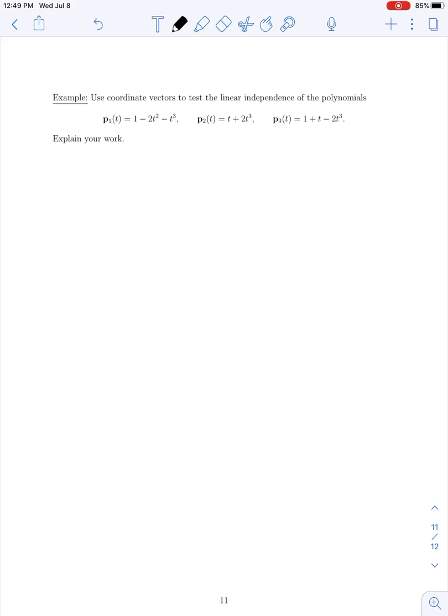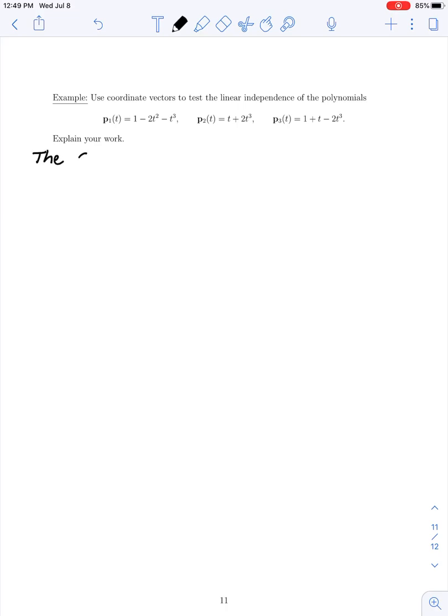So let us think about finding coordinate vectors for each of these 3 polynomials using probably the standard basis for this set of third degree polynomials, and then see whether those associated vectors in Rn are linearly independent, because if they are, then these 3 polynomials must be linearly independent in their vector space.